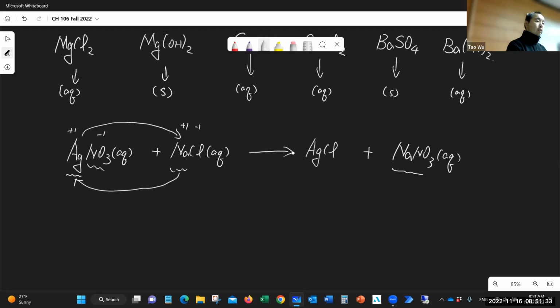Chloride plus silver gives low solubility or insoluble. So AgCl is definitely insoluble, and a precipitate is going to come out. It's not going to be dissolved in the water, so there's no AgCl(aq).